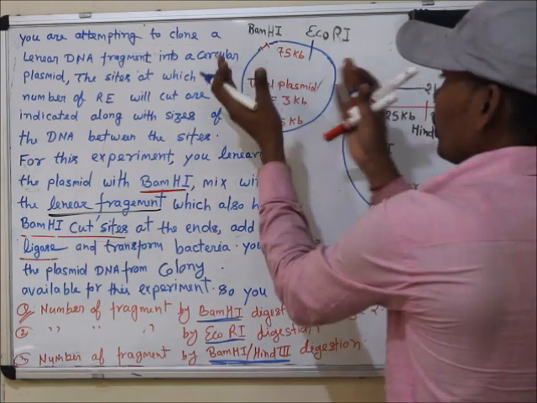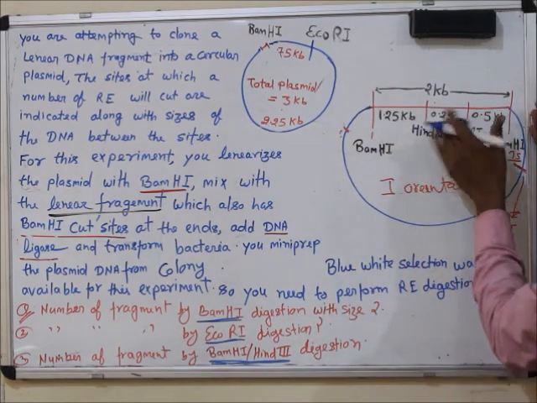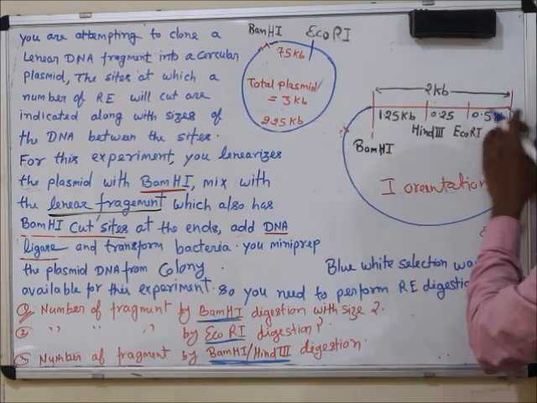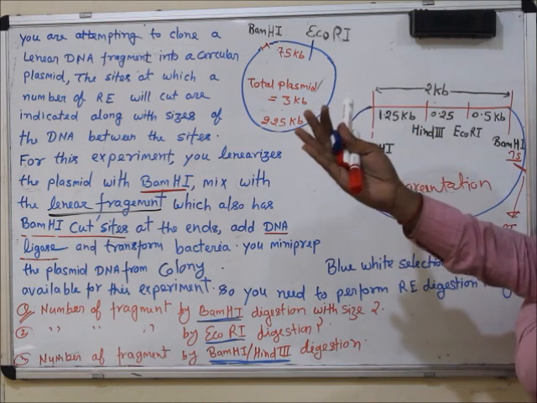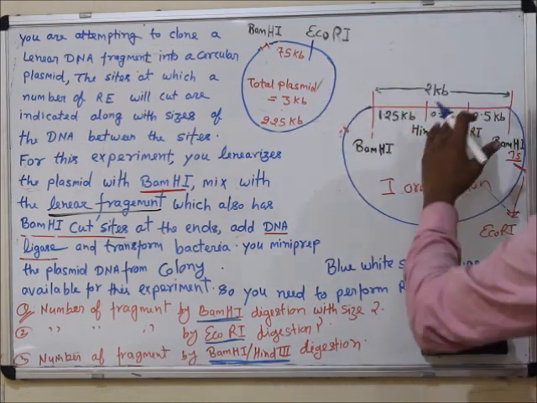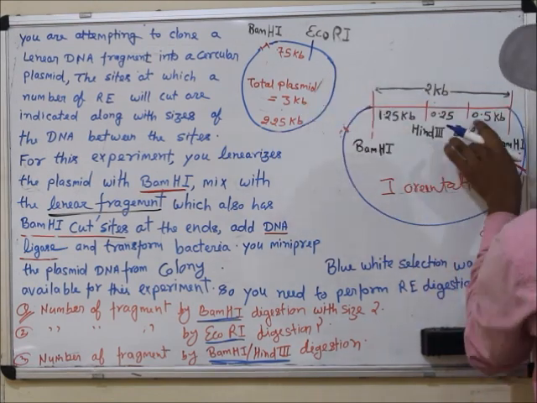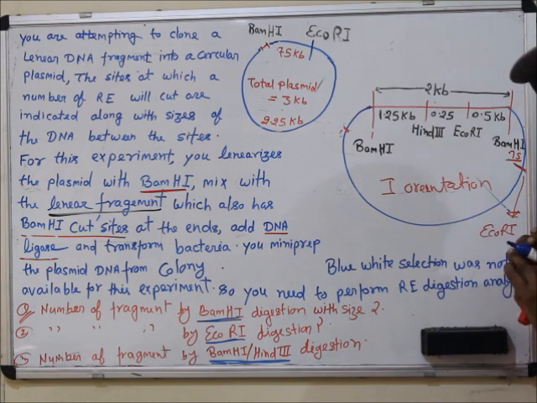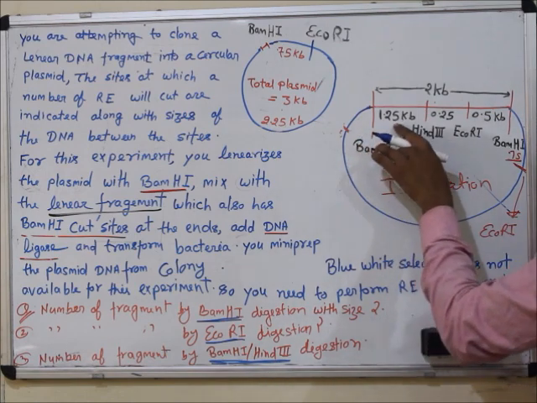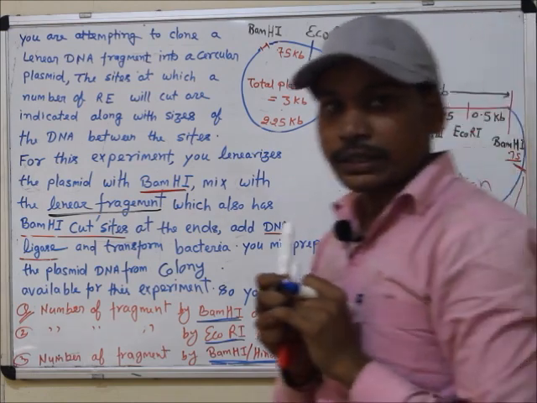Suppose that the fragment is inverted, or in these conditions, then the fragments would be inverted. Point out here, the fragments would be inverted. This is 0.5 kb here, but after inverting, the 0.5 kb would be here, and 1.25 kb would be here. That is the second orientation.